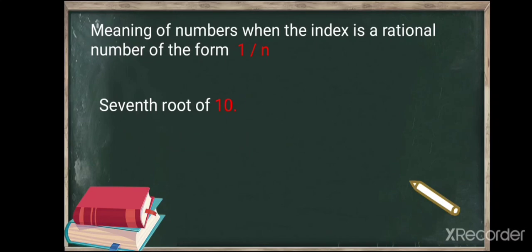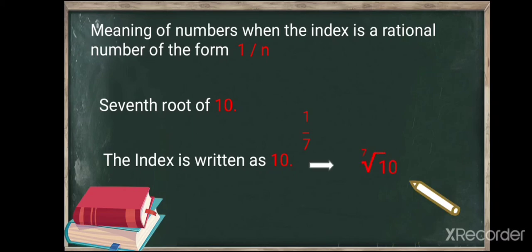So we can convert this into index format, that is 10 raised to 1 upon 7. Otherwise we can write it down with the radical sign also, that is 7th root of 10.